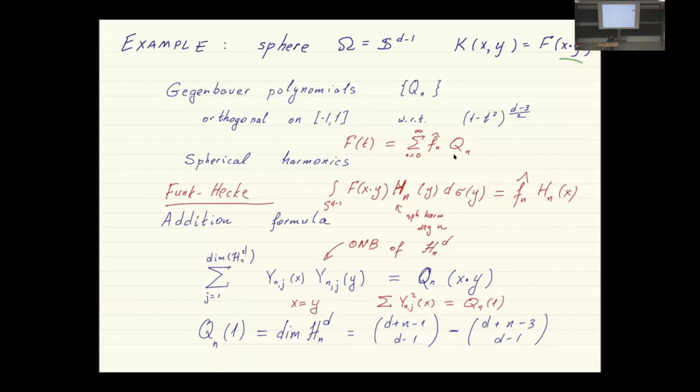So this may not be the most standard way to describe this theory, but this shows how it follows from a very general approach, okay? So now this tells you that a kernel of this type is positive definite on this sphere if and only if all the Gegenbauer coefficients are non-negative.